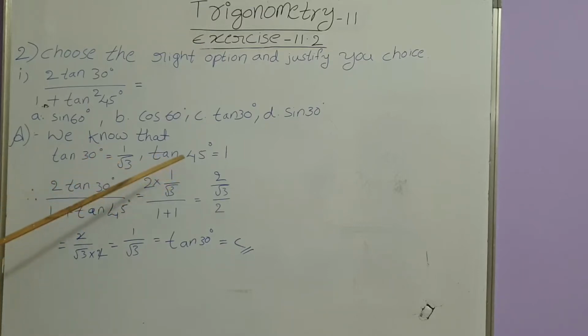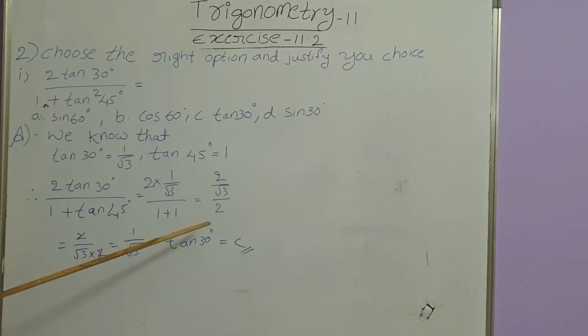Tan 45 degrees is equal to 1. Substitute these values in this. 2 into tan 30 degrees, which is 1 by root 3, by 1 plus tan square 45 degrees, which is 1, is equal to 2 by root 3 by 1 plus 1, that is 2. 2 by root 3 and 2, this 2 becomes cancelled.